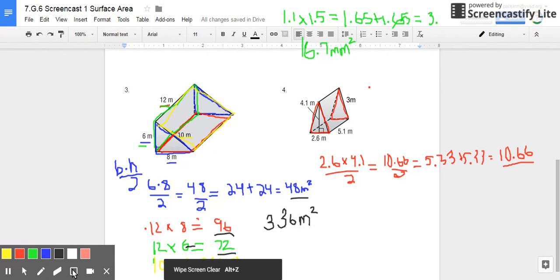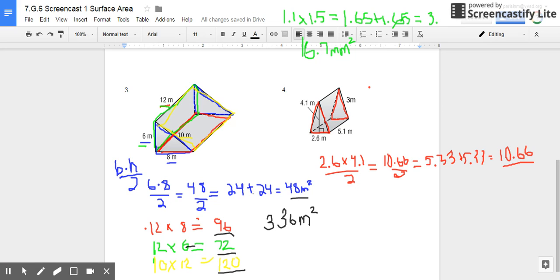A different color. Let's do blue. And let's look at the bottom of this figure, which is a rectangle that's sitting on, and that's 2.6. Looks like we're going to run out of time again. 2.6 times 5.1.